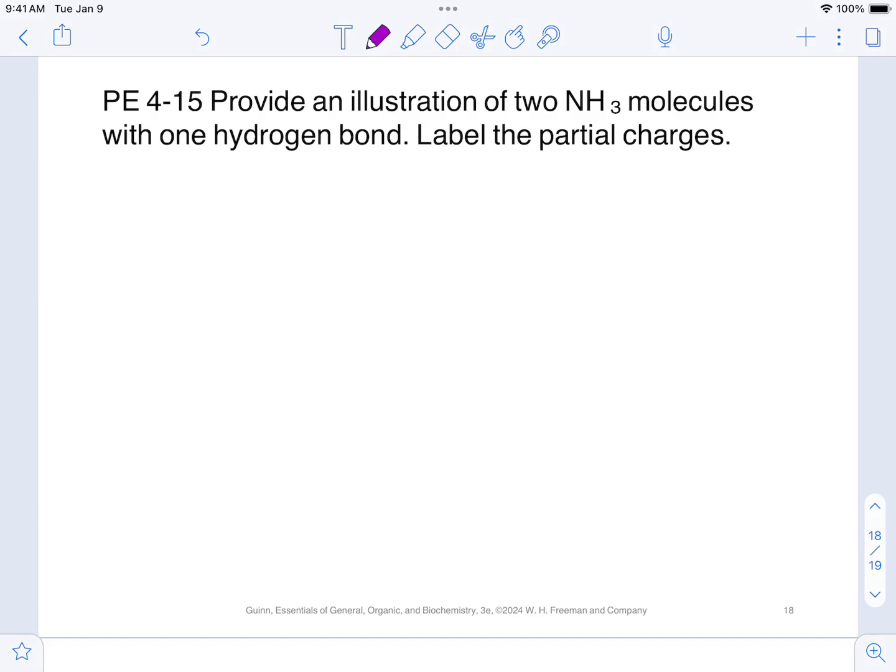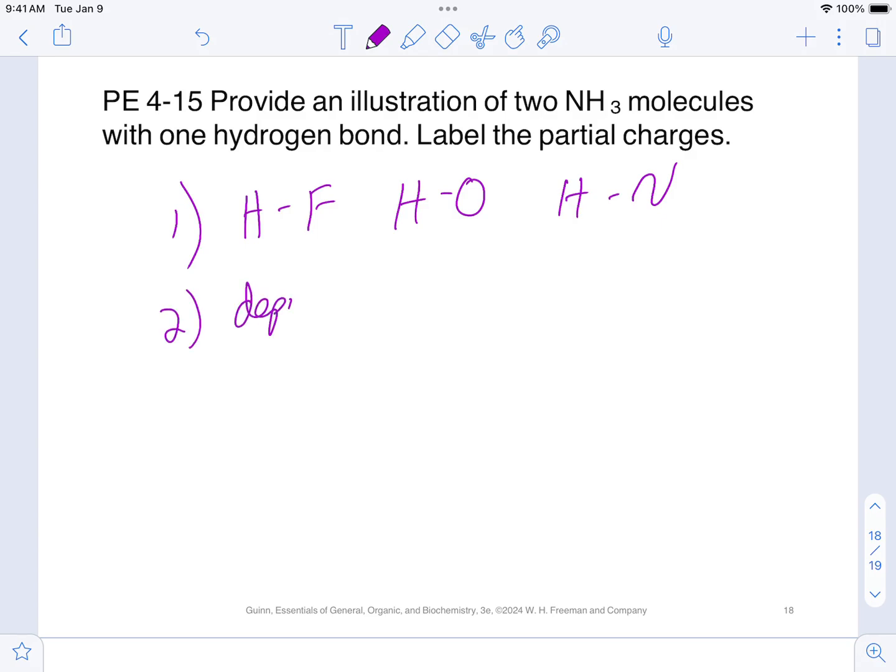The next part here, it says provide an illustration of two NH3 molecules with one hydrogen bond. Label the partial charges. So if we're looking at hydrogen bonding, a couple things to remember. That's H to F, H to O, or H to N. Hydrogen bonding is drawn with a dotted line to the neighboring molecule.